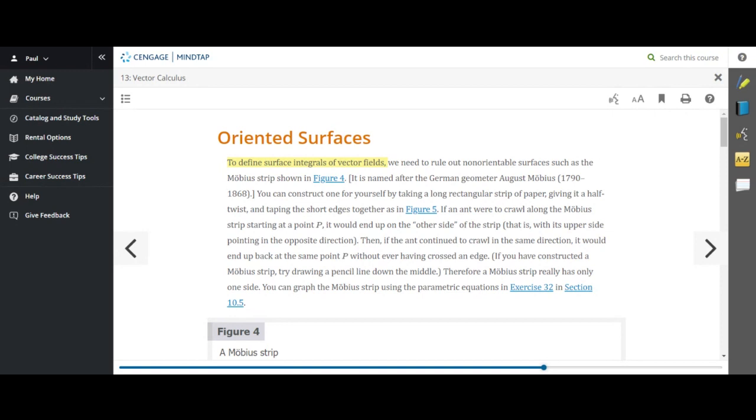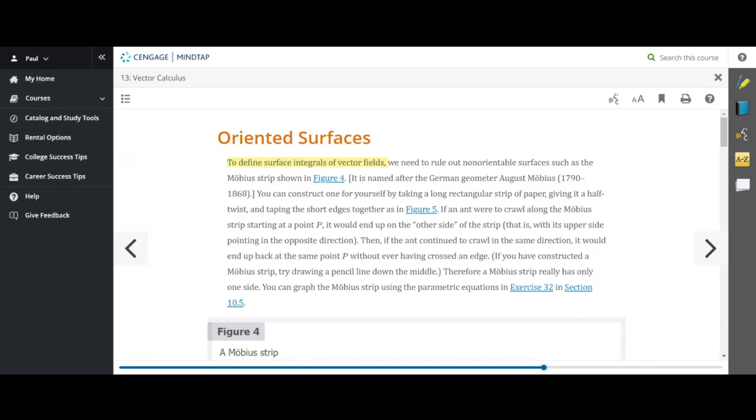If the particle moves around that closed path in a counterclockwise direction, is that positive orientation or negative orientation? Good, Ian. Good, Ellie. Positive orientation.